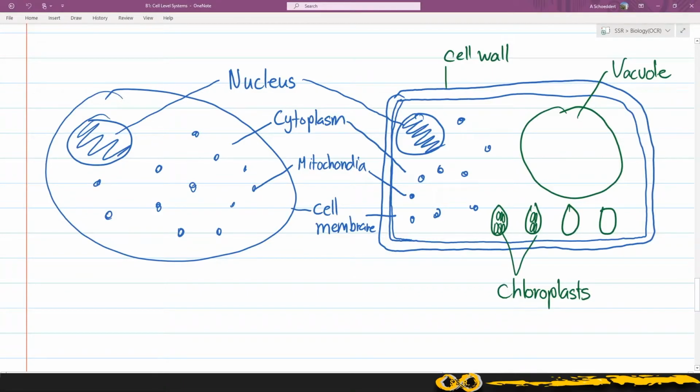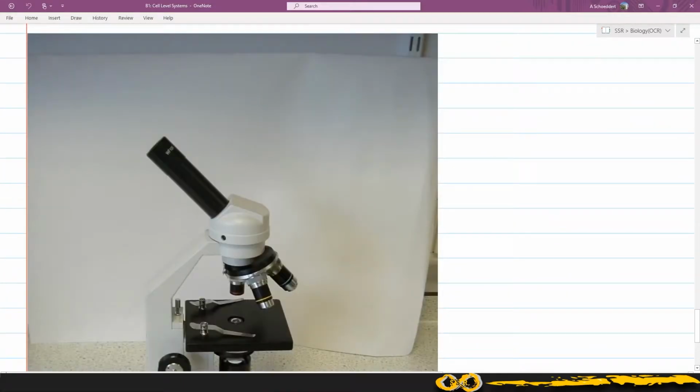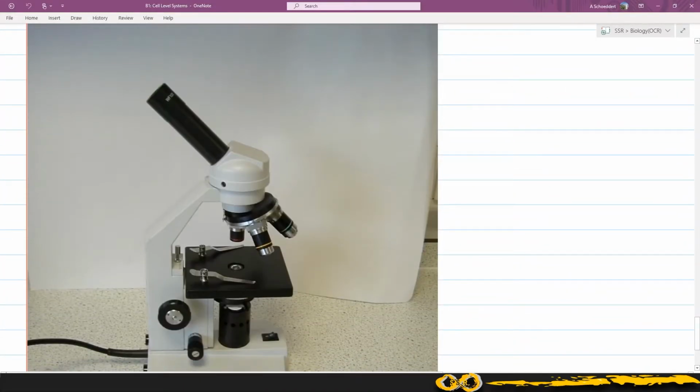So let's go through and refresh ourselves with the different parts that are in a light microscope. At the top of the light microscope, you have your eyepiece. Underneath that is your body tube. And then you have the revolving nose piece, which I always find sounds rather amusing.